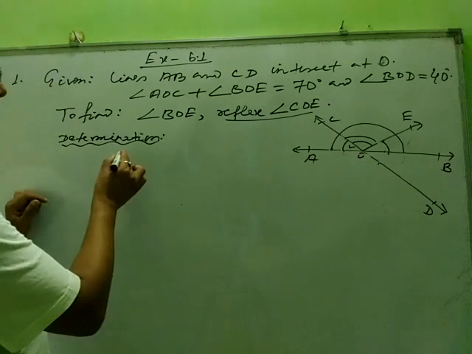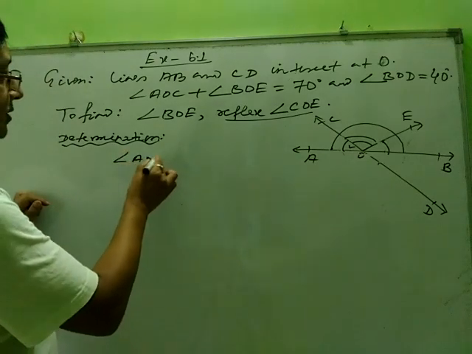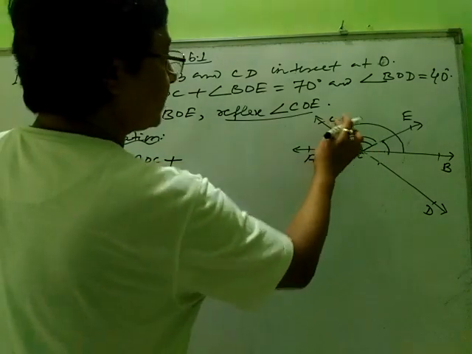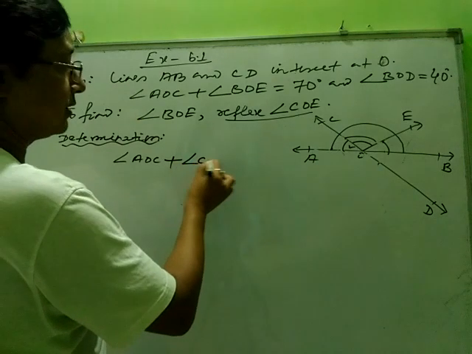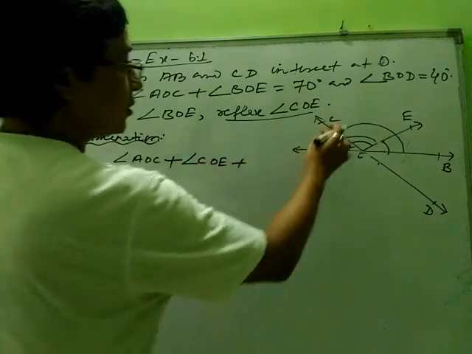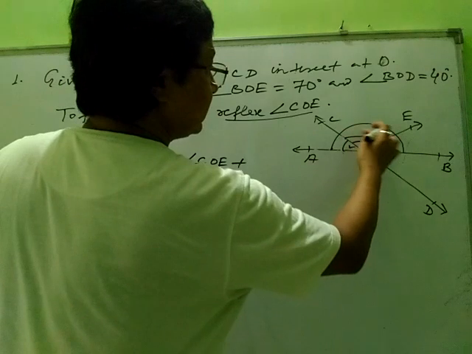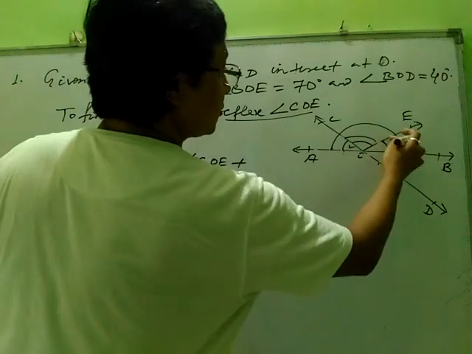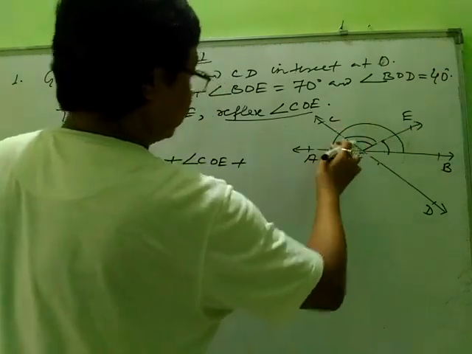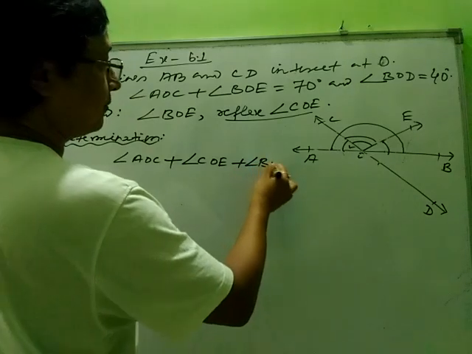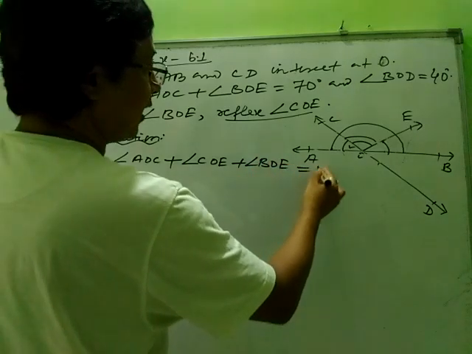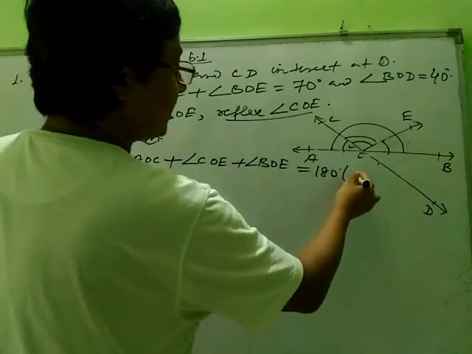So now angle AOC plus angle COE, this angle, plus BOE. So this and this and this. So angle BOE equals 180 degree. You can say the straight angle.